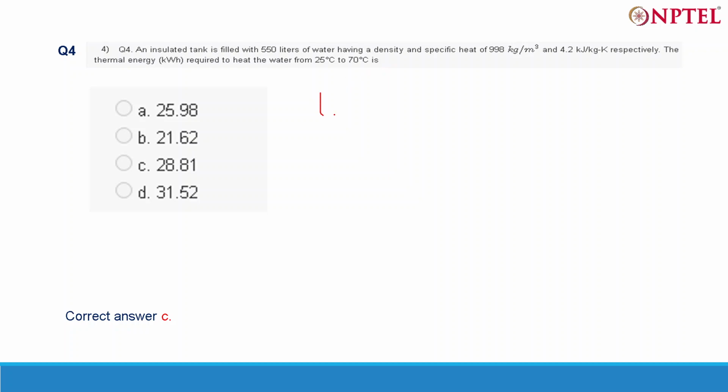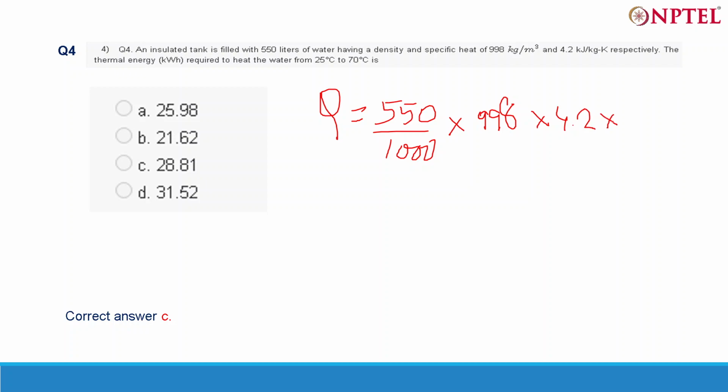Similarly, Q equals 550. First convert it into meter cube, times 998 kg per meter cube, times 4.2, times del T, that is 71 minus 25, which is 45, and then you need it in kilowatt hours.